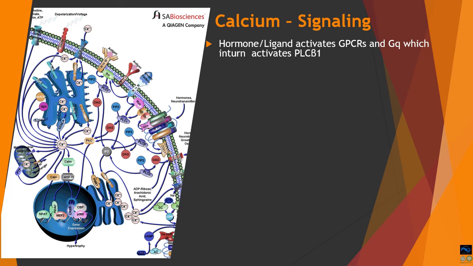And this GQ type of G protein will then activate the membrane bound phospholipase C beta 1, which will in turn cause the production of second messengers IP3 and DAG, and they will activate protein kinase C.